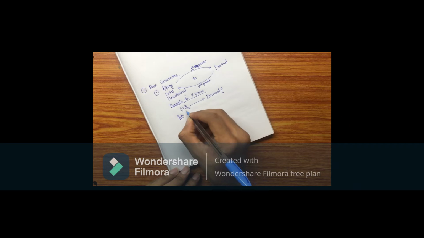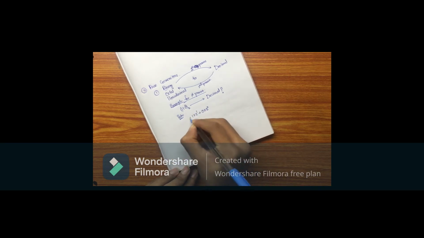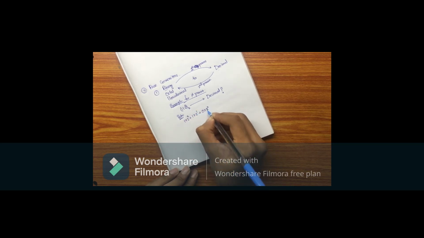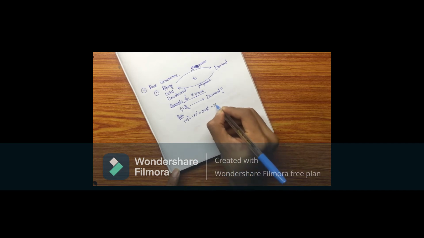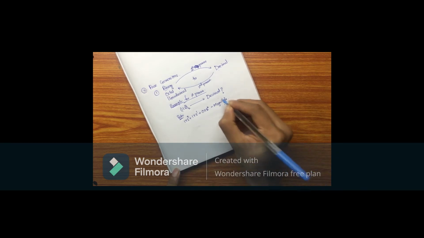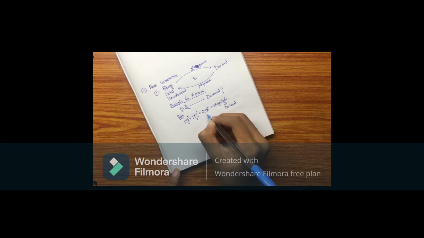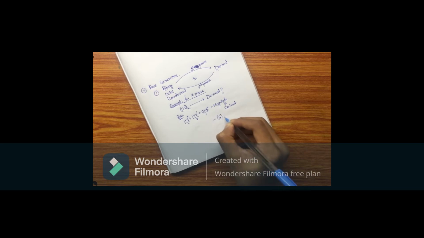Simply 0 into 2 power 0 plus 1 into 2 power 1 plus 1 into 2 power 2. The first digit is multiplied with 2 power 0. That means here we are finding the magnitude, and this magnitude will be the decimal form. So this is 4, this is 2, this is 0. So the decimal form of this is equal to 6.